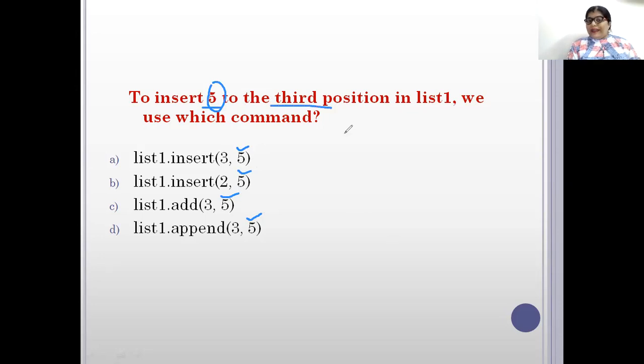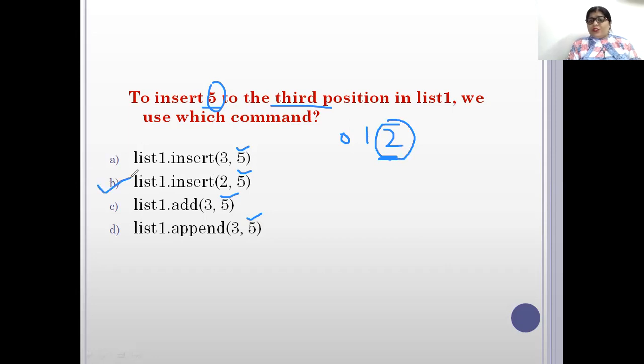We know indexing always starts from 0. So 0, 1, 2. Which is the third position? That is the index at 2. First position, second position, third position. So that is the index at 2. The answer here is B.